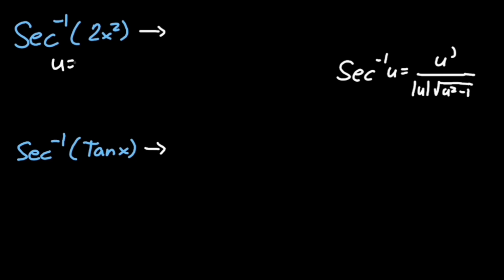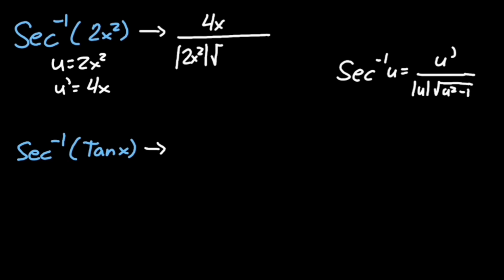Let u here be 2x squared and the derivative of 2x squared be 4x. Plug this in according to the formula and you will get 4x over the absolute value of 2x squared multiplied by the square root of u squared, which is 2x squared raised to the power of 2 minus 1.